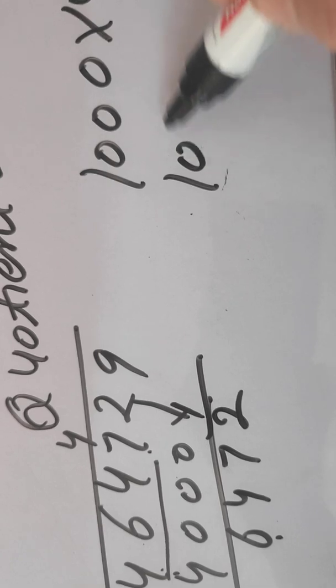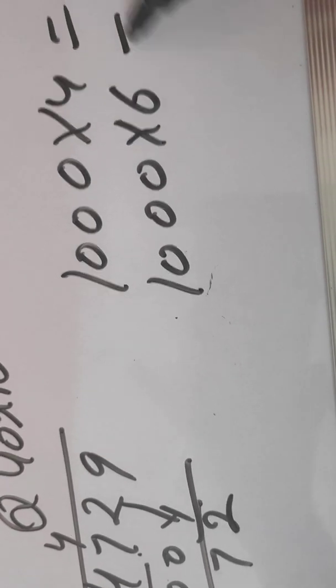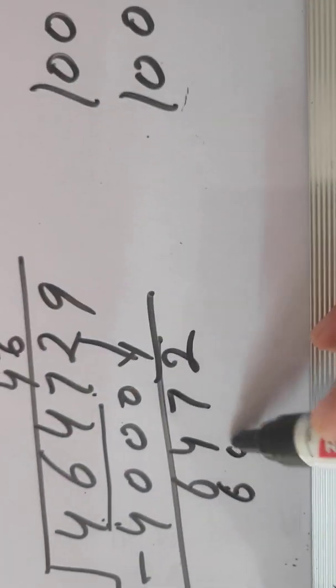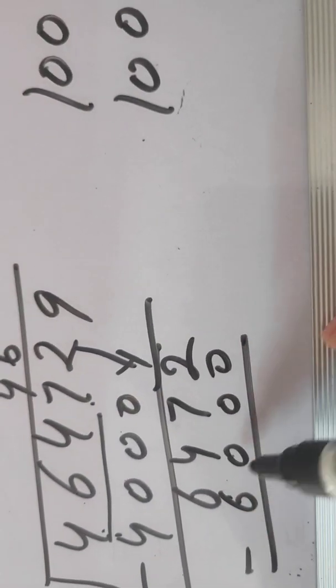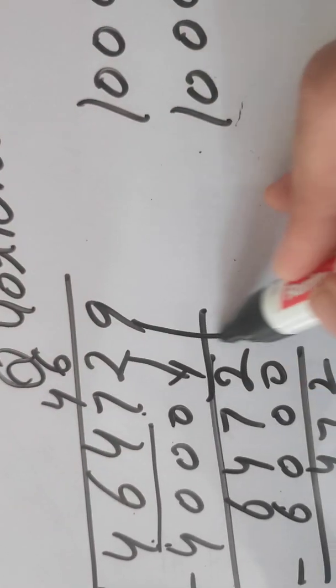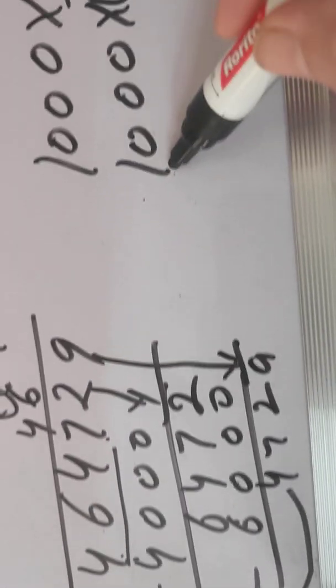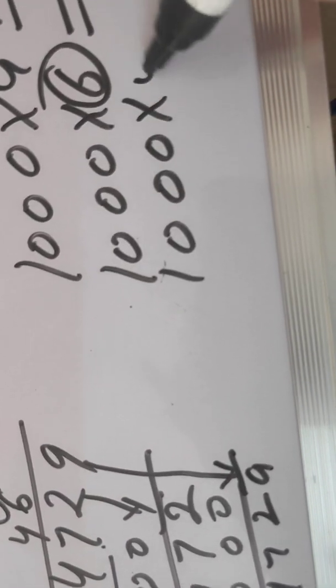So our near about table is 1 6 is 6, it will become 6000. 6 is your quotient, you will write at the top. 6000 you will write here under this, subtract it, bring down the next number 9. Again check, 1 4 is 4, 1000 multiplied by 4 becomes 4000.